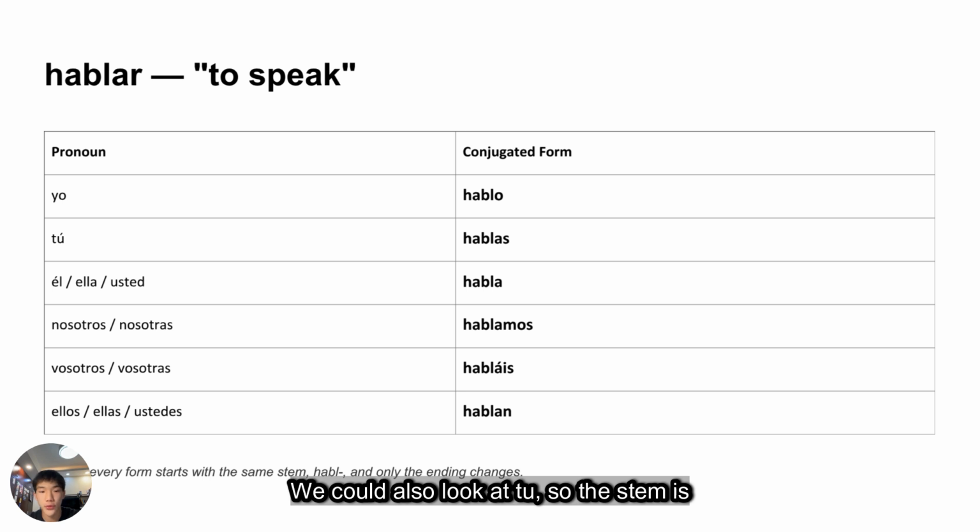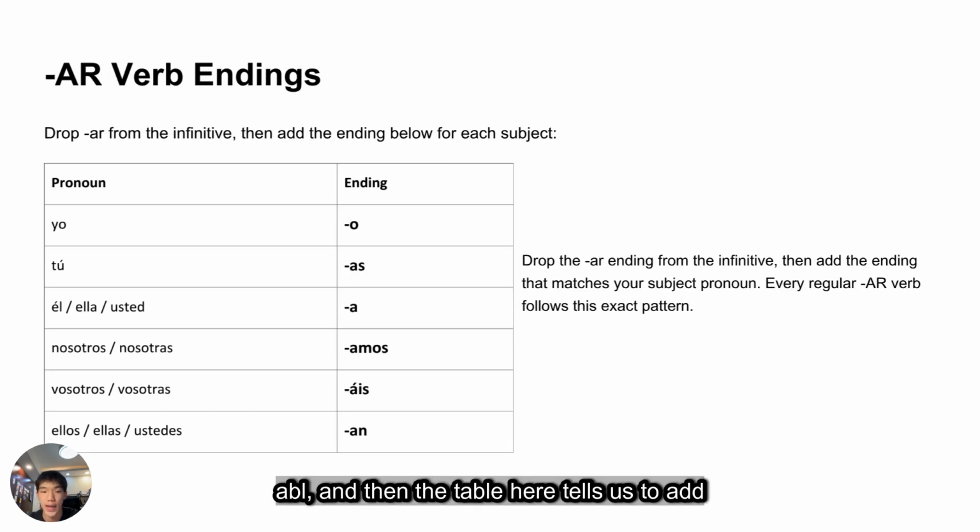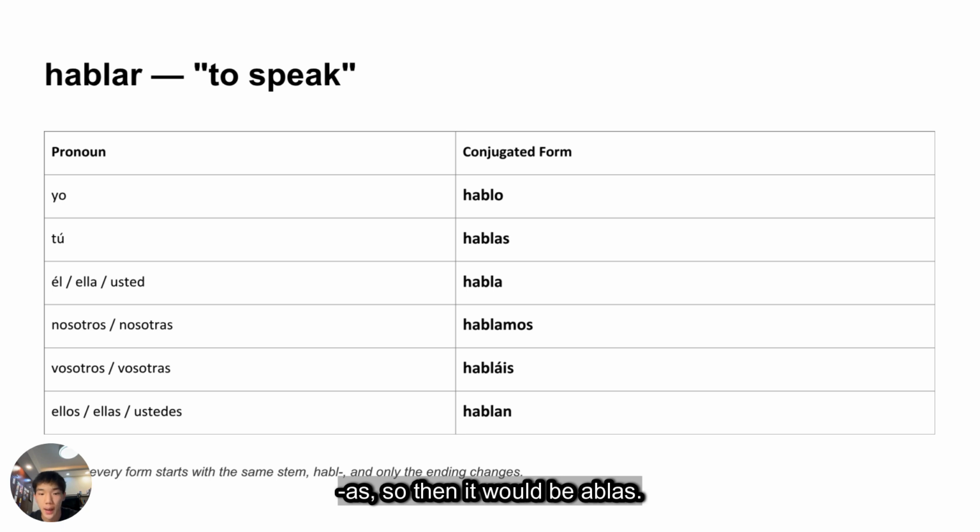We could also look at tú. So the stem is habl, and then the table here tells us to add as. So then it would be hablas. See, note how every single form here, whether it's hablo, hablas, habla, hablamos, habláis, hablan, all starts with H-A-B-L, because that's the stem of the verb hablar.